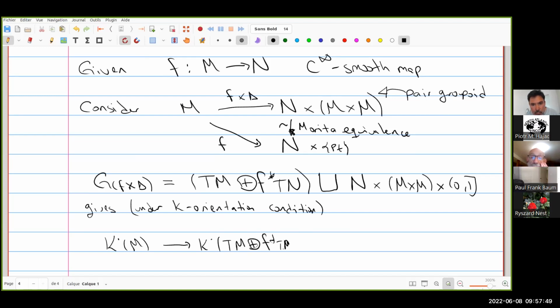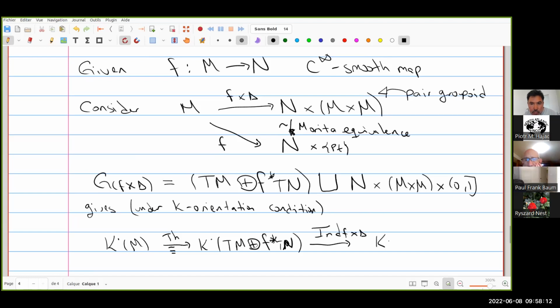I need some condition, being this spin C or something. That's where the condition enters. And then I apply my deformation property that I define later, which in this case is the deformation of F.